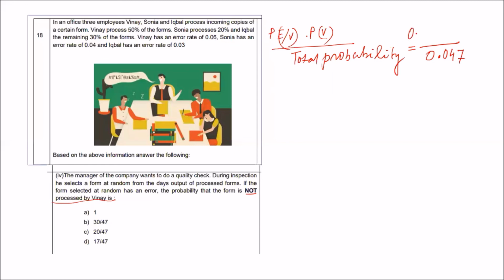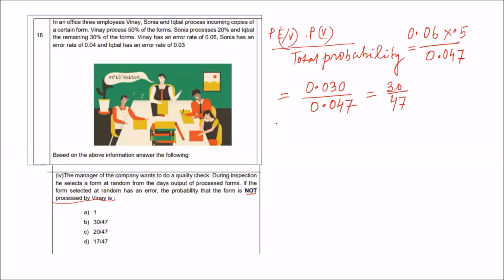And what about the probability of committing error by Vinay? Vinay is 0.06 and he is doing 50% of the forms. So 0.5. So this will be 0.03 by 0.047. How much is it? It will be 30 by 47.